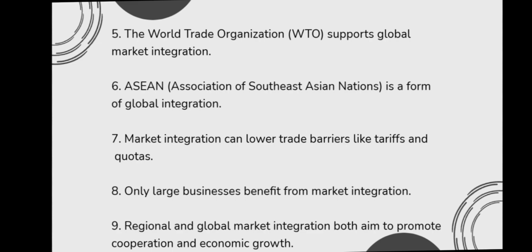We should disagree with this one, because it's not only large businesses but also small businesses that can benefit from market integration. Number 9, the last number, regional and global market integration both aim to promote cooperation and economic growth. So it's very obvious. We should agree.